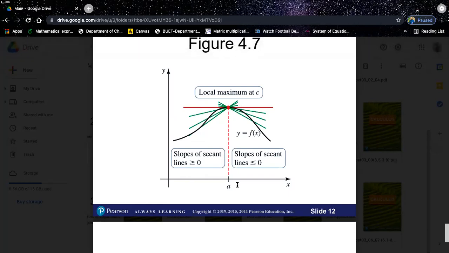Now the question could be, what's the slope? What's the instantaneous rate of change at that point? Can you see that? Forget about the algebraic notations and all that. Is it 0?